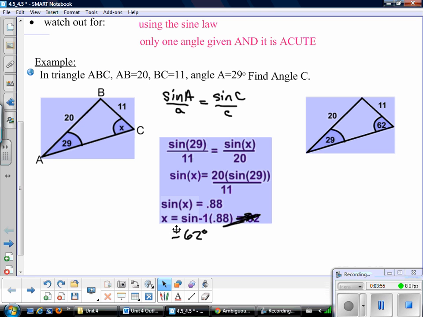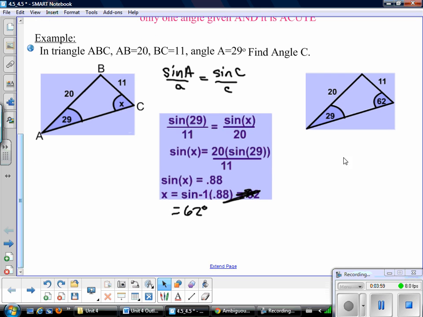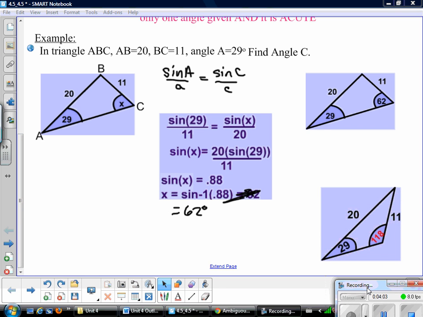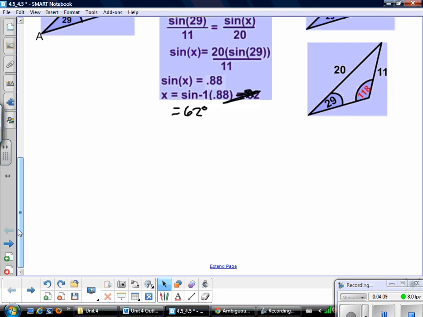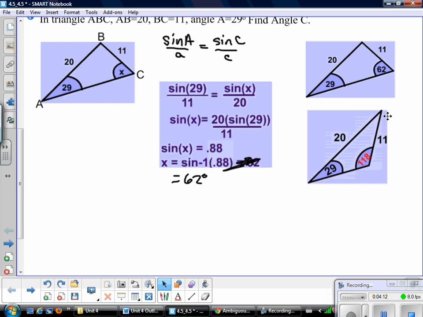You're saying, well, I'm finished. Well, not quite, because it's possible that the triangle could be drawn like this. And notice it uses the same information: there's the 20, there's the 11, and there's my acute angle. Notice they look very, very different, but it uses the same pieces of information.